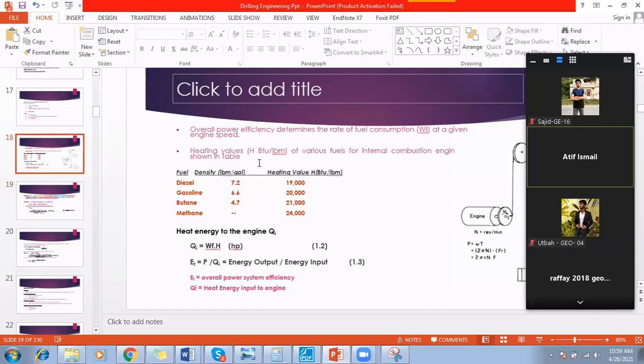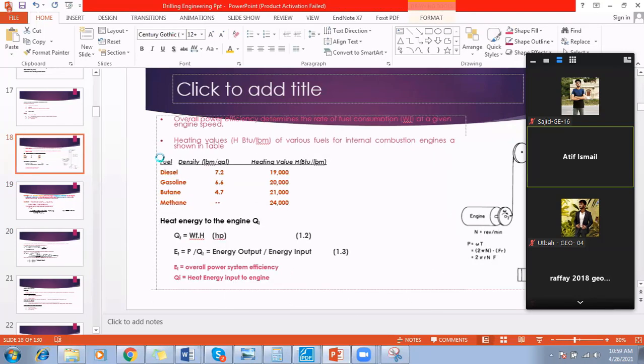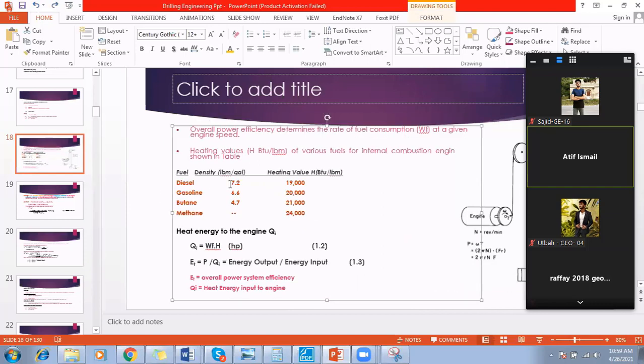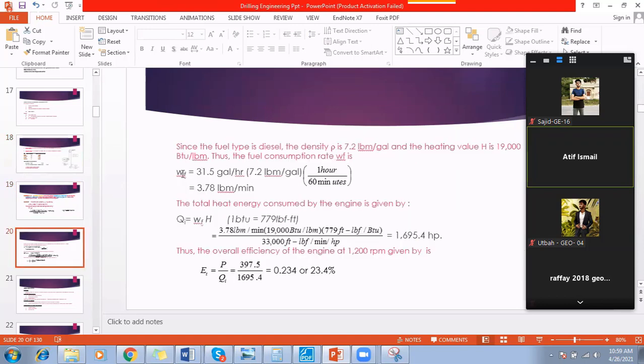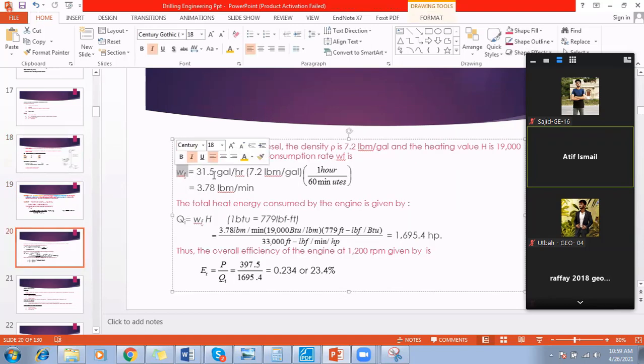So you need to use this table for the calculation of output and input power. Here you can see that the density of the diesel is 7.2 ppg. What is ppg? ppg means pounds per gallon. So you just divide the Wf by 7.2.